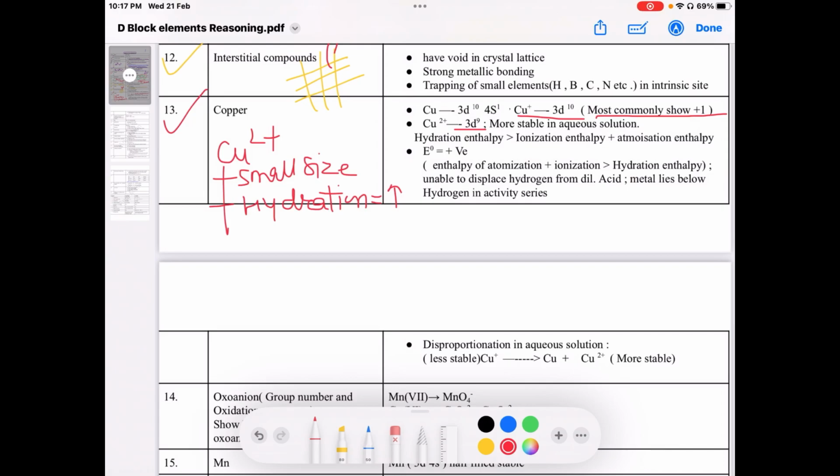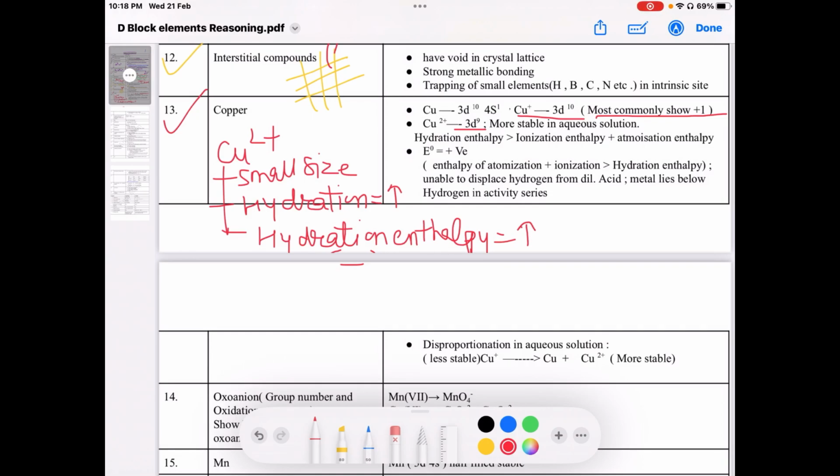So because of more ion-dipole interaction, its hydration is more. And because of higher hydration, more energy is released. High hydration enthalpy, and hydration enthalpy is a negative enthalpy. The value is negative. Why so? Because of attraction between the ion and the dipole.